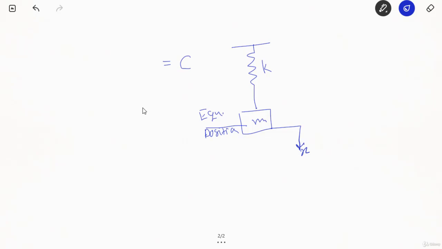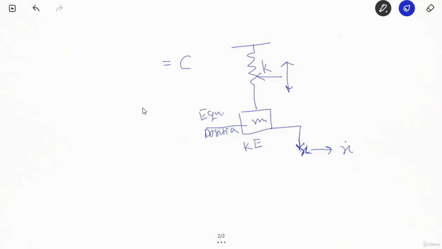If we are giving it a displacement of x units, then its velocity will be given by x dot, or the first derivative of displacement, right? So this system is going to have kinetic energy. This extension would certainly cause a deflection of this spring as well, and potential energy is also generated in this spring.